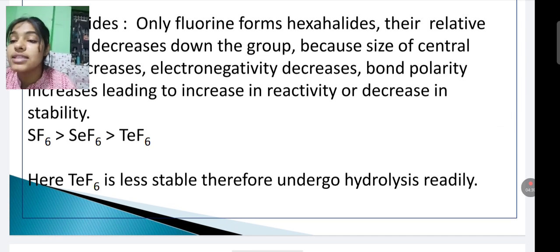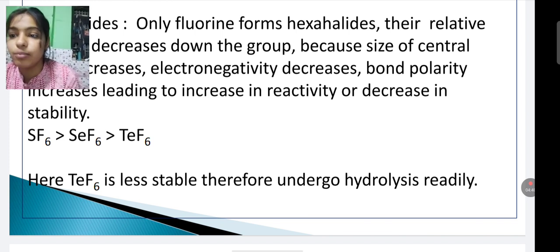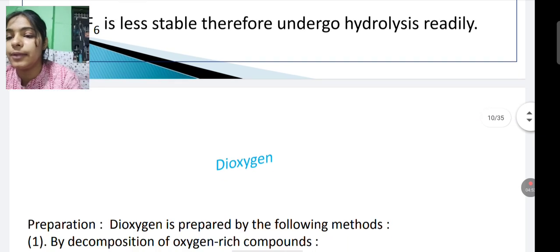SF6, SeF6, TeF6. Here TeF6 is less stable, therefore it undergoes hydrolysis readily. SF6 is more stable. More stable means most stable, we can say.